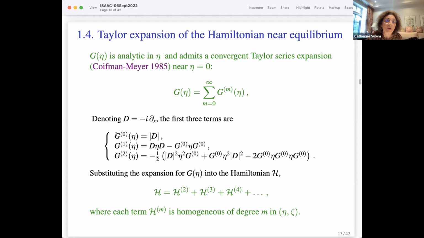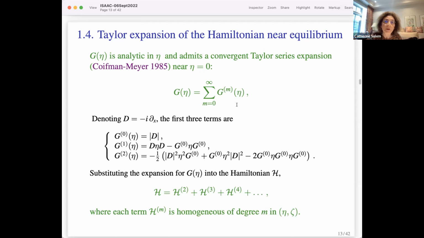The linear approximation, in the case of flat water at rest, the first term is the absolute value of D, meaning the symbol is the absolute value of k. So D is defined as 1 over i d/dx. And the other terms can be expressed by explicit formulas in a recurrent way. In particular, it was very useful in numerical simulation.